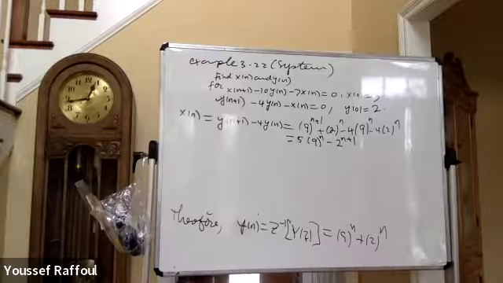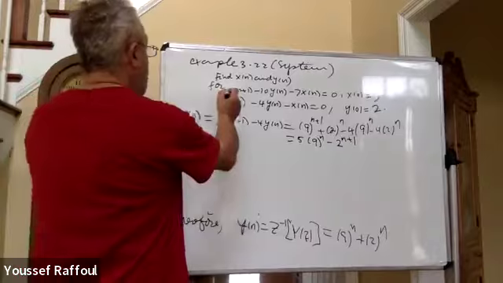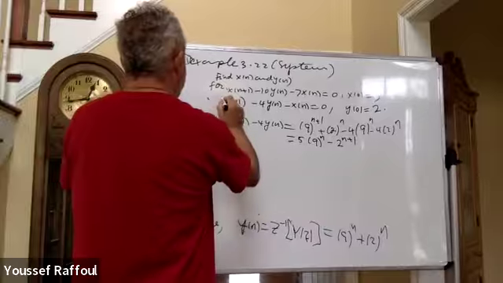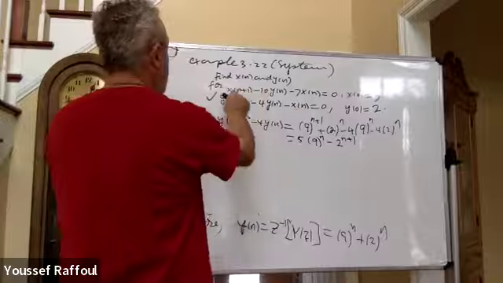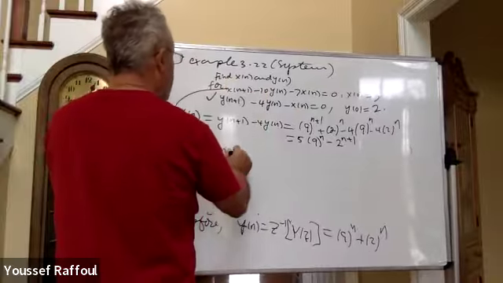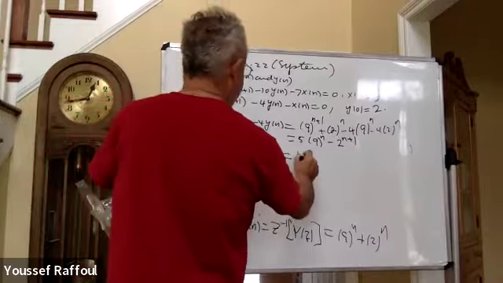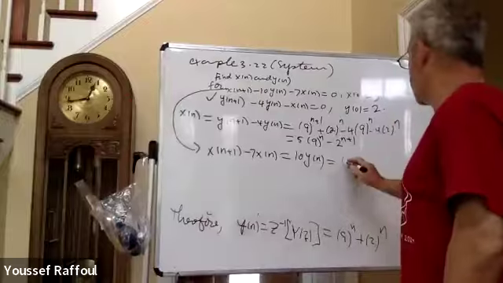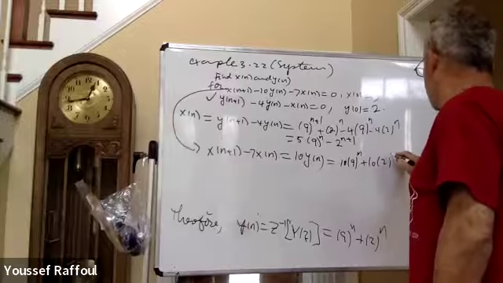Now, suppose you use the other equation. We used this one to find xn, but if you use the other one, you're going to have x(n+1) minus 7 xn equal 10 yn, and that is equal to 10 times 9 to the power n plus 10 times 2 to the power n.